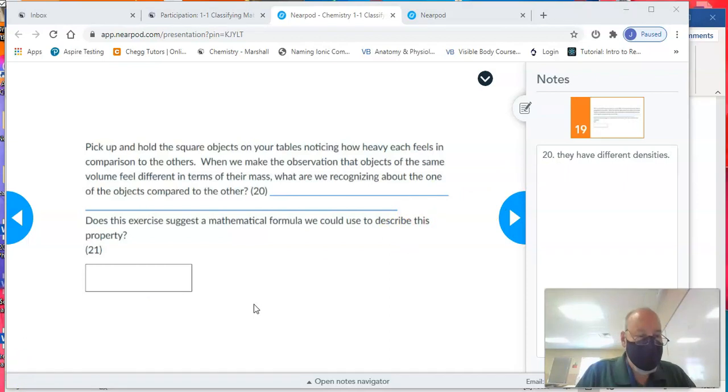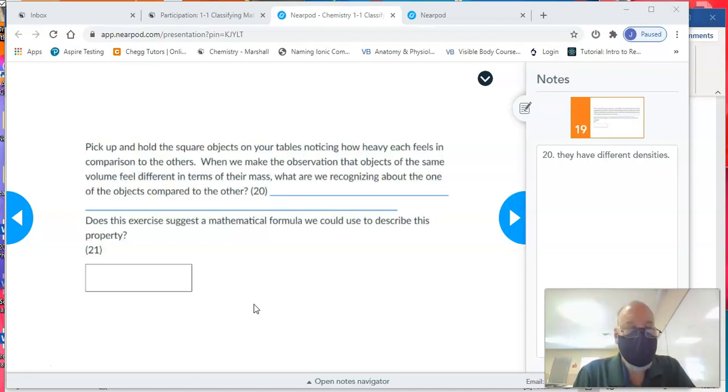So understand that if I have blocks that are the same volume, but they have different masses, this implies a way that I can calculate or measure the density.